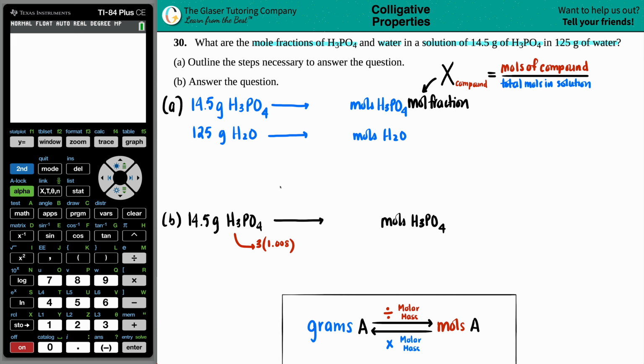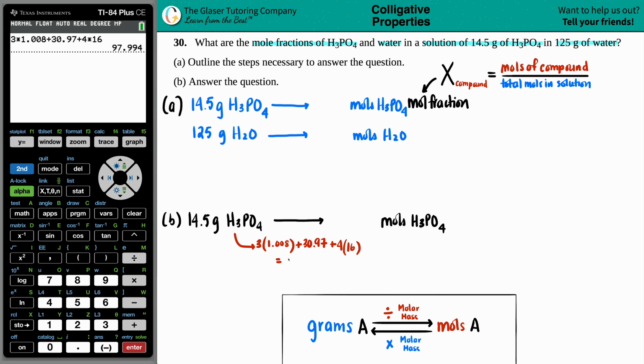We have 1 phosphorus, so I'm just going to add the phosphorus amount on my periodic table, 30.97. And then we have 4 oxygens, so I have to add 4 times 16. So let's see what this molar mass equals. 3 times 1.008 plus 30.97 plus 4 times 16. We could do everything in one shot here. Looks good to me.